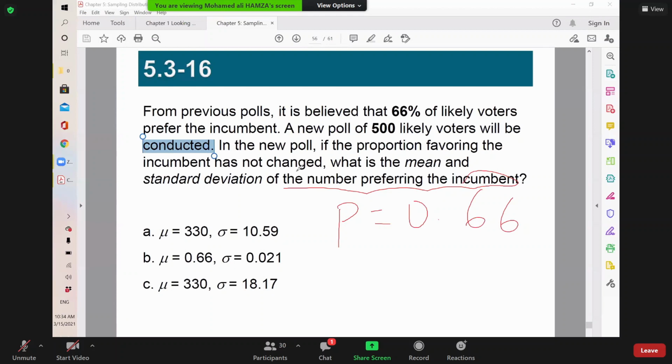We talk about the number. What is the meaning here? Obviously, it's a normal distribution, but what is its mean and what is its standard deviation? This is the question. What about the mean, guys?